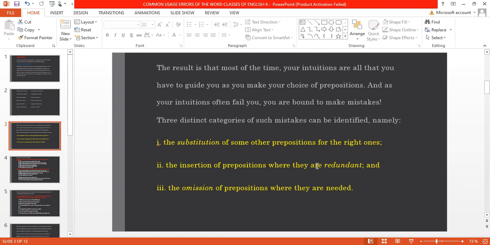Number 1, the substitution of some other prepositions for the right ones. These are mistakes you make. Number 2 mistake you make is the insertion of prepositions where they are redundant. Okay? And I've given you the words that make prepositions redundant in English. What we did last week, I gave you order, demanded, requested, okay?